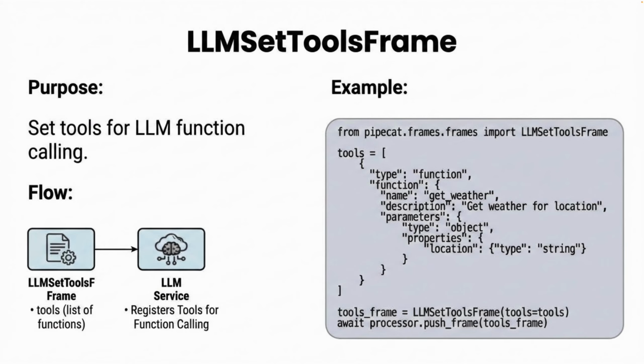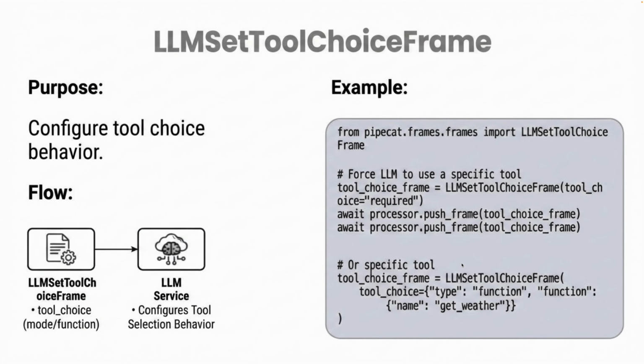So we have this LLM set tools frame, where the tool that we are defining, like the function name, description, and other parameters, and then we call this LLM set tools frame. Next we have LLM set tool choice frame, to configure tool choice behavior.